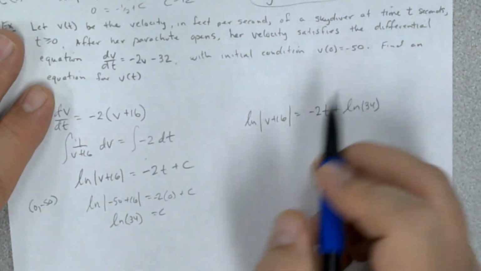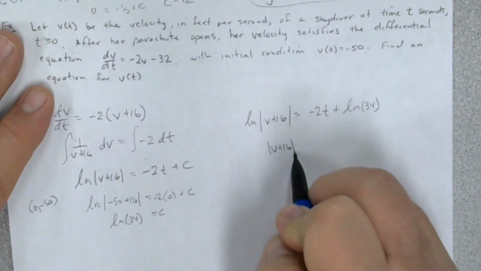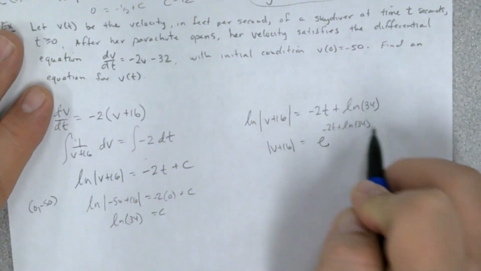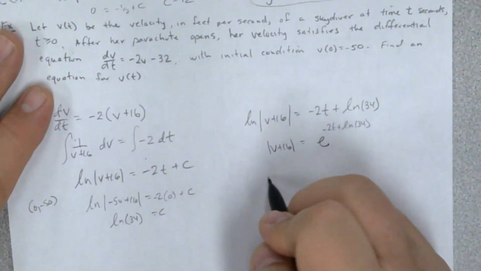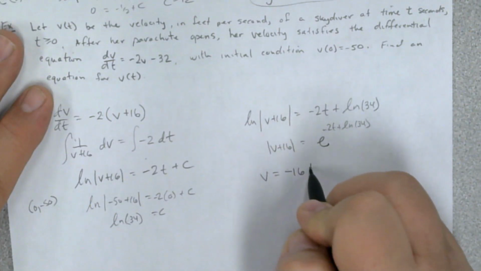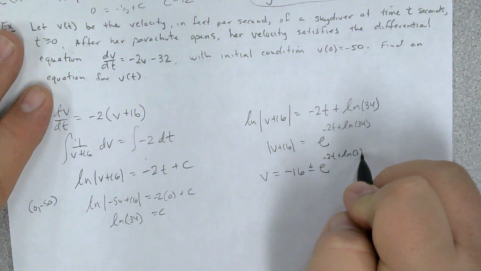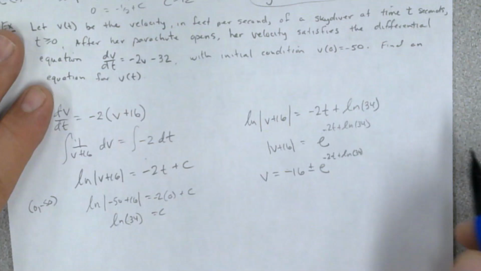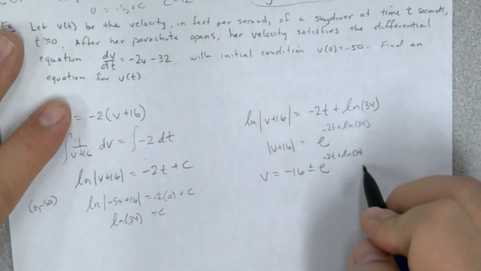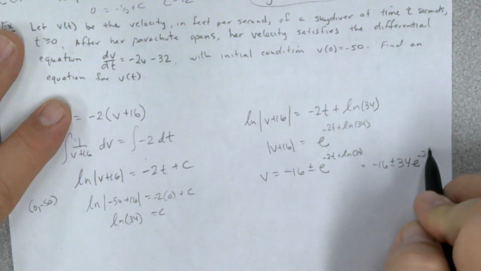And then we have what? Same thing as before. So we have v plus 16 equals e to the negative 2t plus the natural log of 34. So v is negative 16 plus or minus e to the negative 2t plus natural log of 34. This thing right here, because it can be split off, can come down here as a positive 34, so this is now negative 16 plus or minus 34 e to the negative 2t.